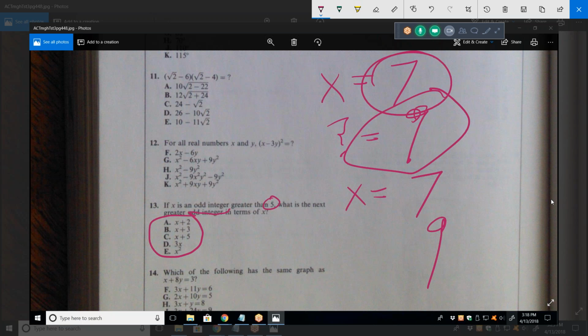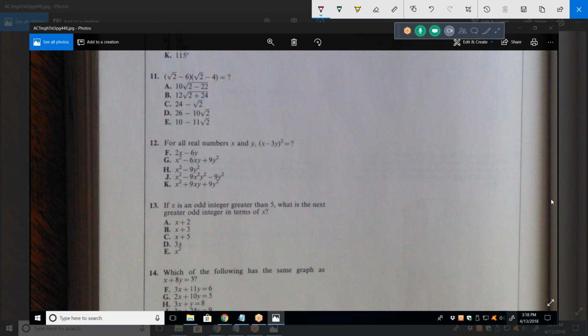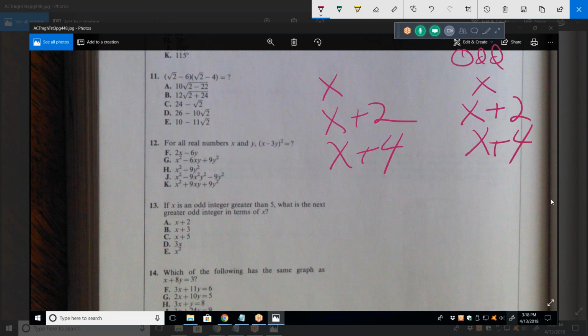And in fact, this is a pretty common problem. They won't always be odd. Sometimes they'll be even. If I were to list even integers, no matter what it is, the first one's going to be x, the next one's going to be x plus 2, the next one's going to be x plus 4. You see the picture? Mm-hmm. And if I'm listing odd, and the first one is x, the next one is x plus 2, the next one is x plus 4.